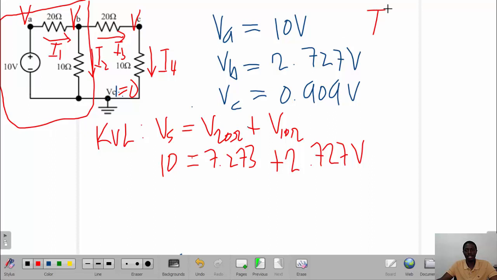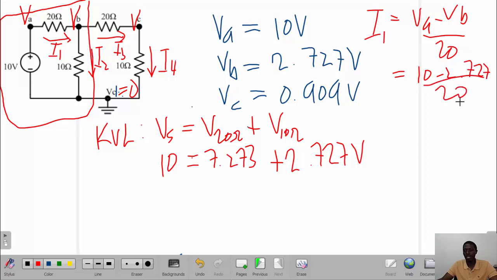We know the current I1 must be equal to VA minus VB over the resistance. And we know VA is 10 minus VB, which is 2.727, over 20.